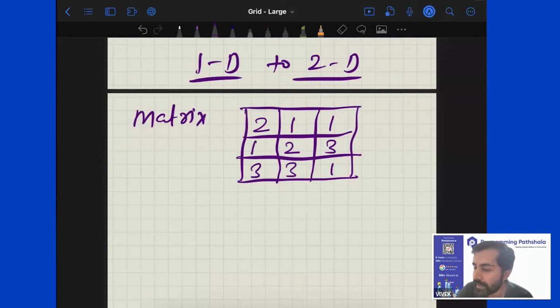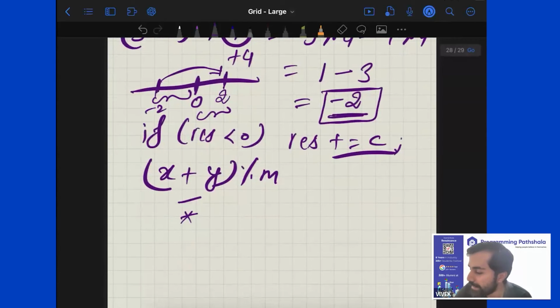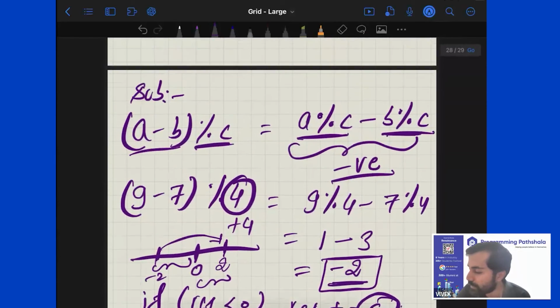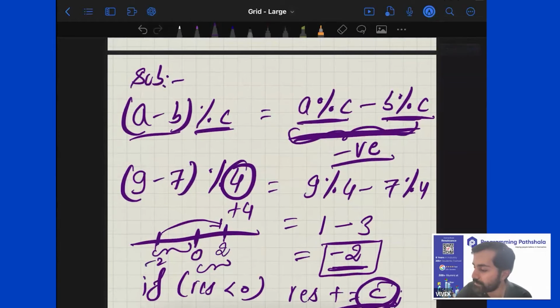Can't we convert negative to positive? That is what happens here, right? The moment you add C to it, the result will become positive, because the negative quantity that you get over here will never be lesser than minus C. Just think of it, in the worst case, this will be 0 and this will be C minus 1. So in the worst case, it can be minus C plus 1.